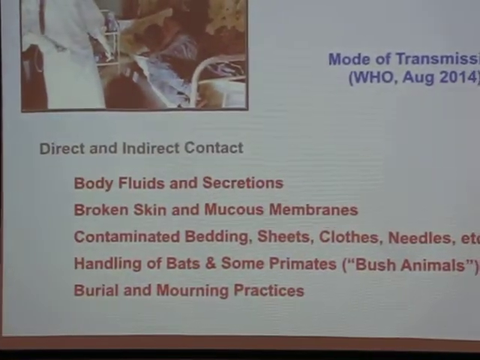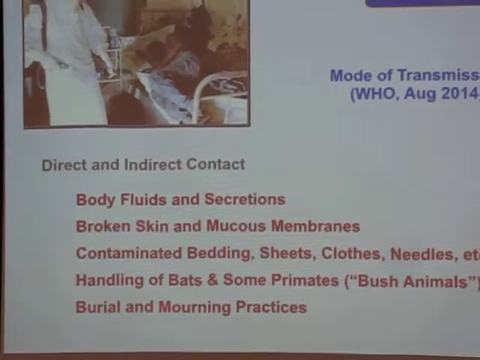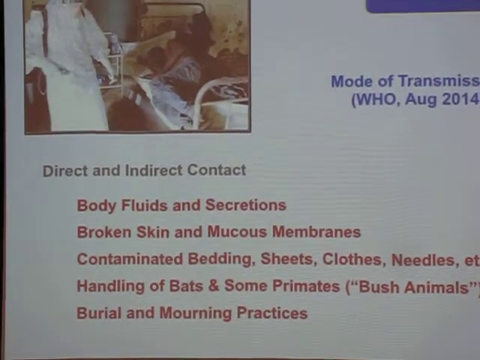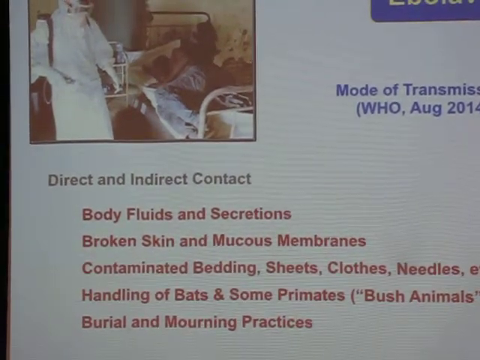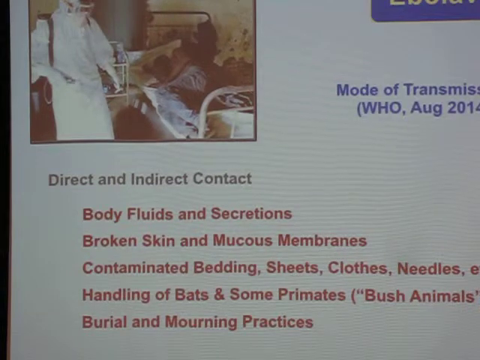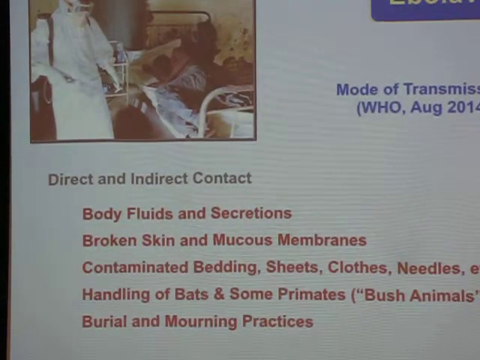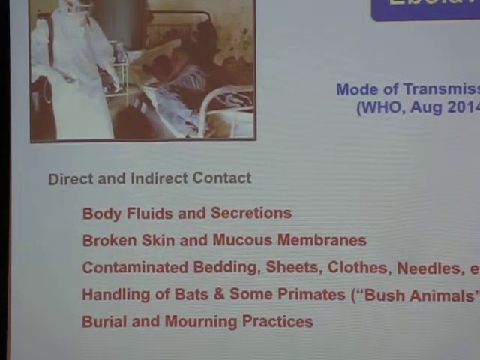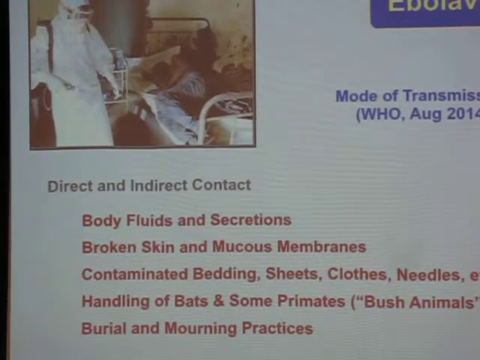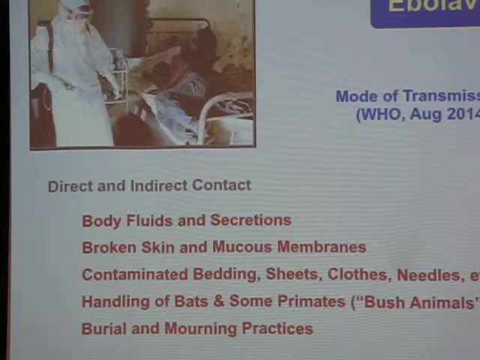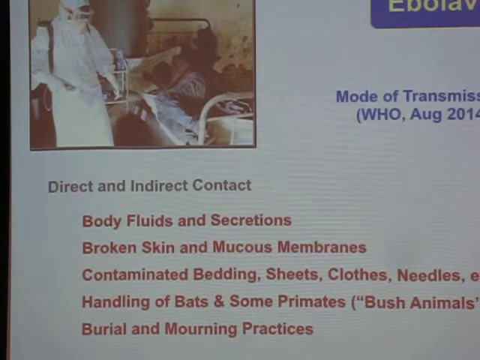And then burial and mourning practices, and again, here are cultural issues that are standing in the way of containing the disease. The disease is not contained in Liberia and in some of the other areas. In some of the burial practices, the culture is that the family prepares the body and they kiss the body.